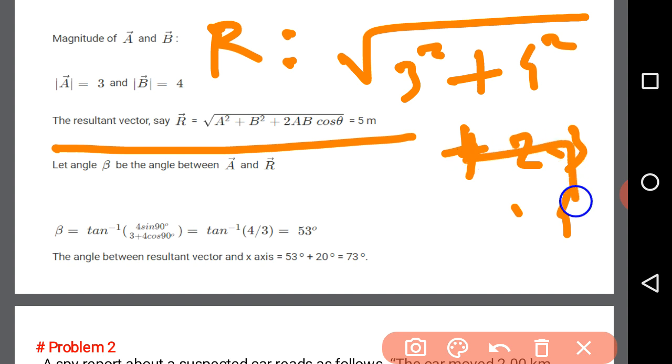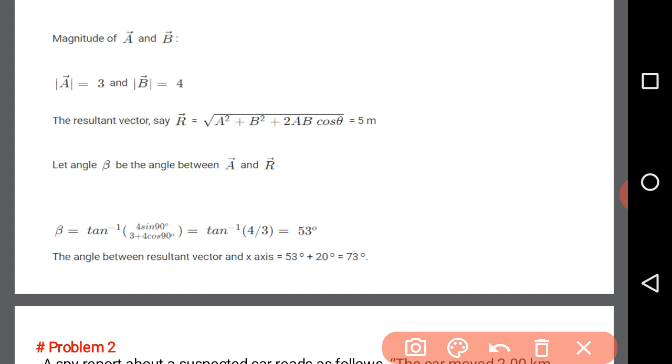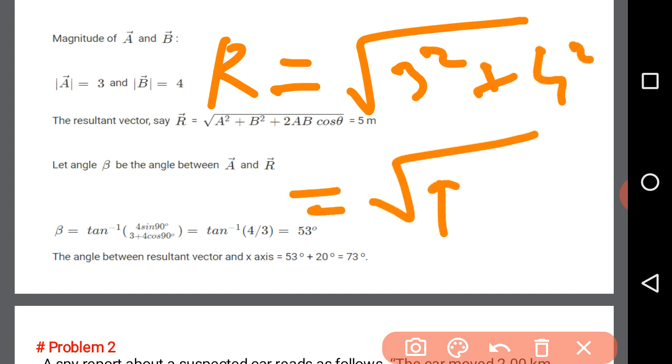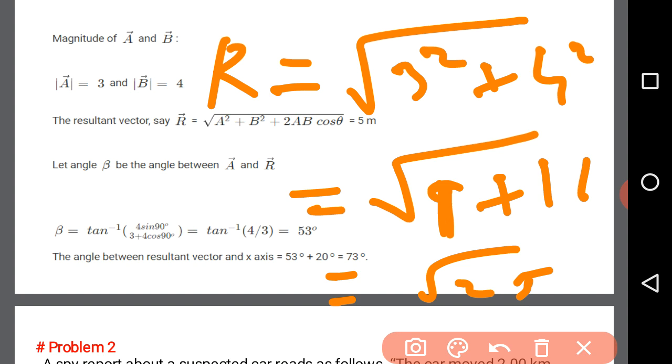That's why this whole term vanishes. Our new equation is R equals root of 3 square plus 4 square, that is 9 plus 16, equal to root 25, and its square root is 5.